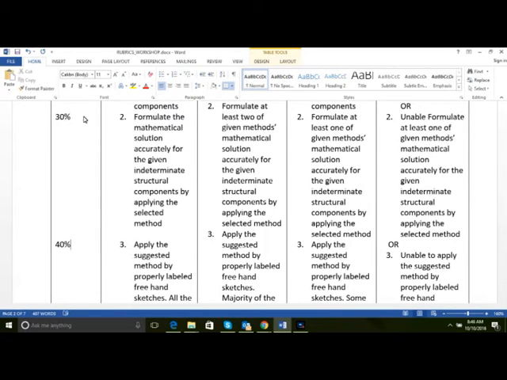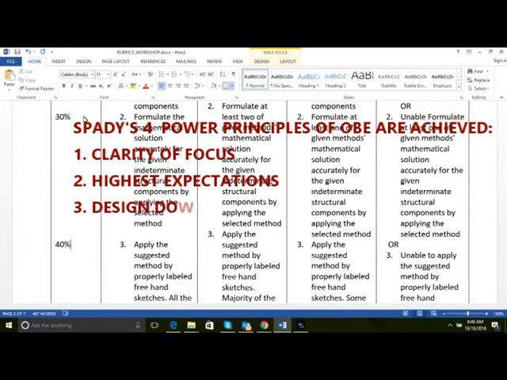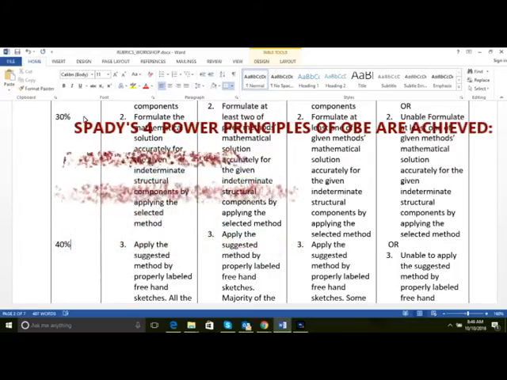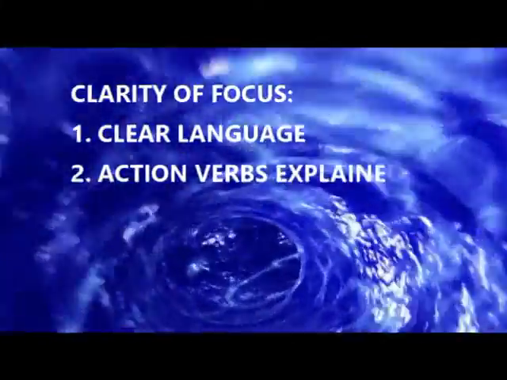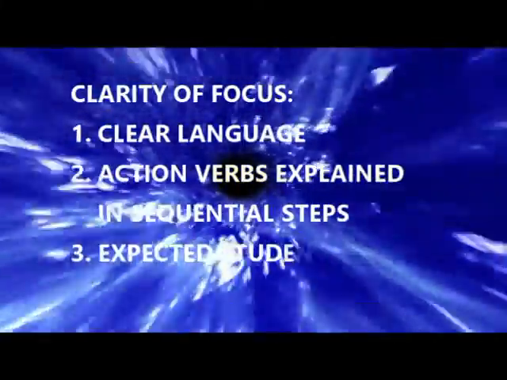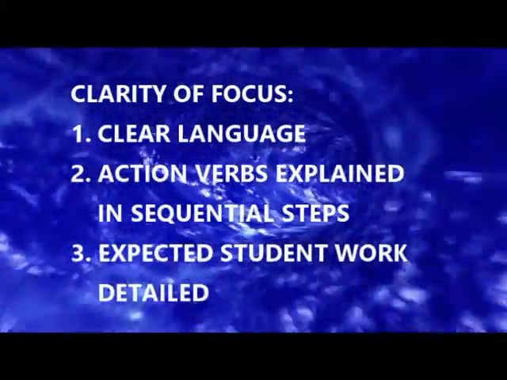The hybrid rubric and the language contained herein targets the four power principles of OBE: clarity of focus, highest expectations, design down, and expanded opportunity. Clarity of focus: clear language, action verbs explained in sequential steps, expected student work is detailed.